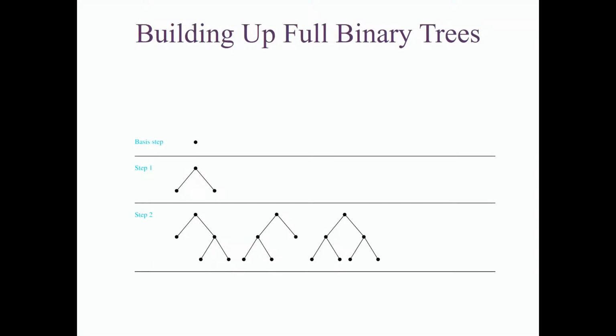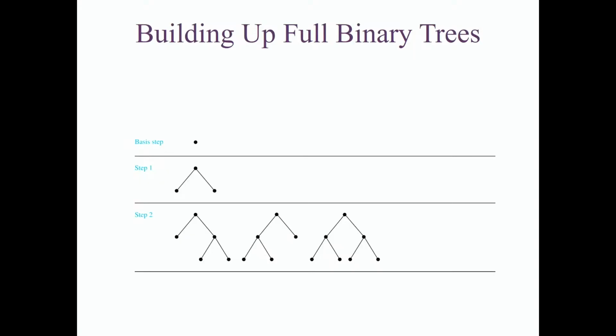Then for step 2, we have 2 different candidates, because currently we have one vertex as a full binary tree, and we also have the tree with 3 vertices as a full binary tree. So for step 2, we can choose this tree as T1 and this tree as T2. We can also choose this tree as T1 and this tree as T2.